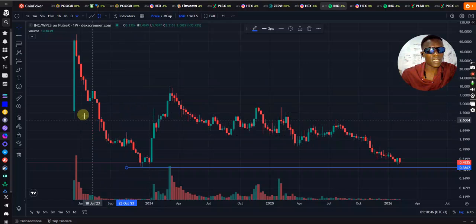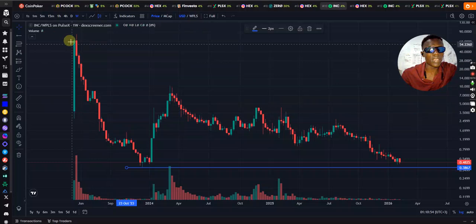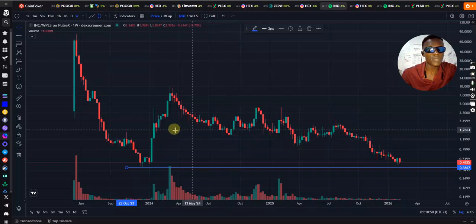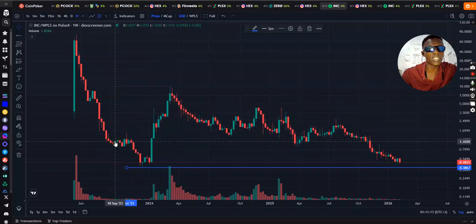But again, just to explain a few things here so that you can be on the same page, the green candlestick is showing the price performance on the weekly of each candlestick here. The green is showing the bullish momentum of the market, and the red is showing the selling momentum of the market, which is the bearish trend.